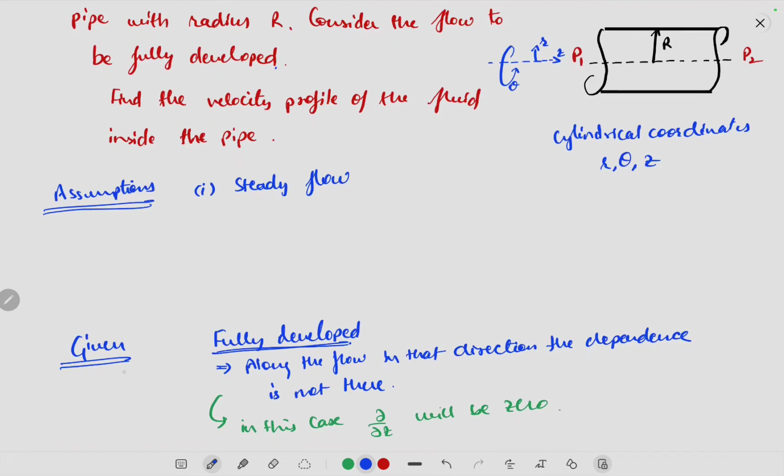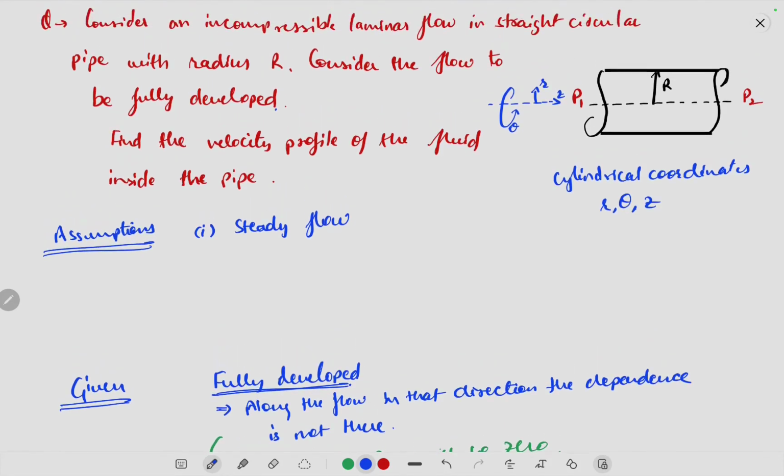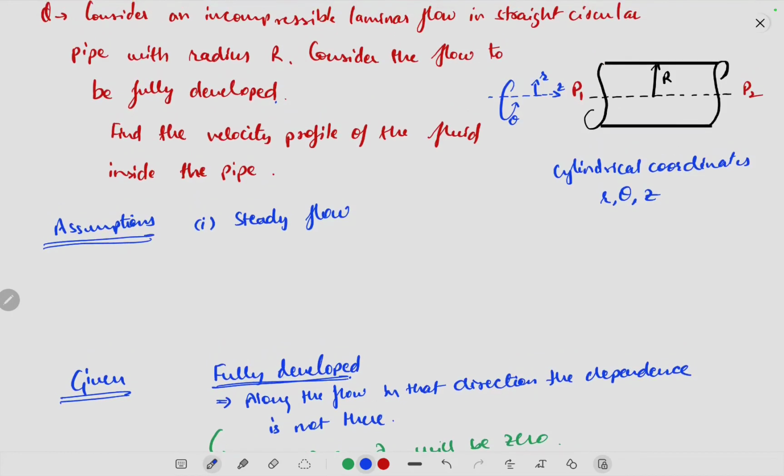But even if it was not given to you in the question, we could have still assumed it to be fully developed flow. Unless it is stated that it is not fully developed, we can still assume it to be a fully developed flow. Okay, and the second assumption that we'll take is the axisymmetric flow.